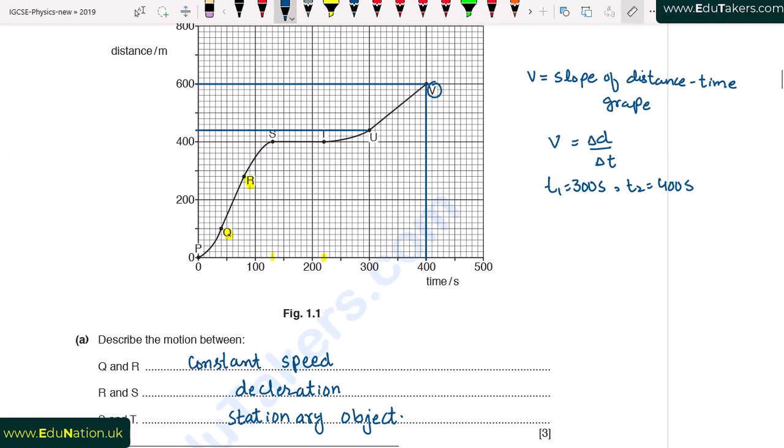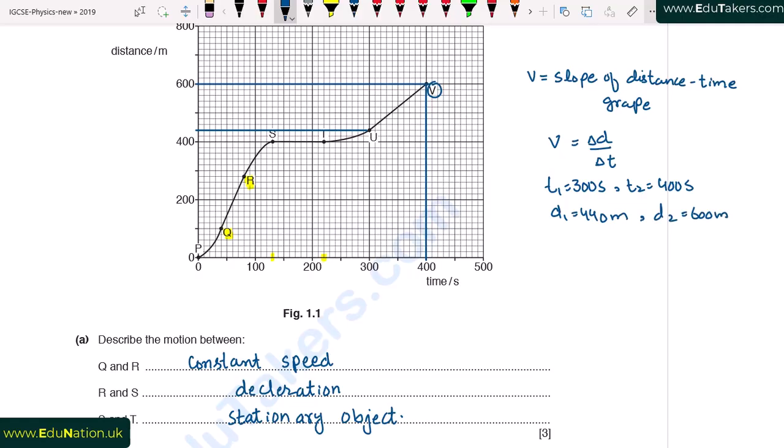Here we can see that at point V, the distance is 600 meters, while at point U, the distance is 440 meters. So I write here D1 is equal to 440 meters and D2 is equal to 600 meters.